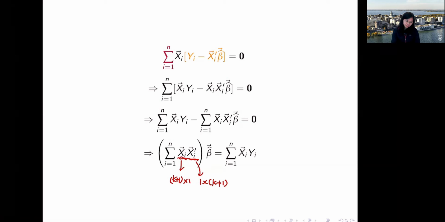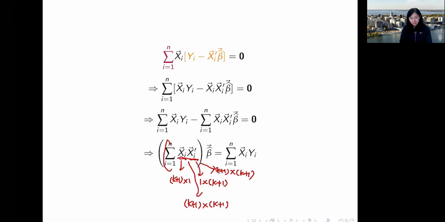So therefore, this product is actually a k plus 1 by k plus 1 square matrix. It is a square matrix. When you add up square matrices, you still get a square matrix.